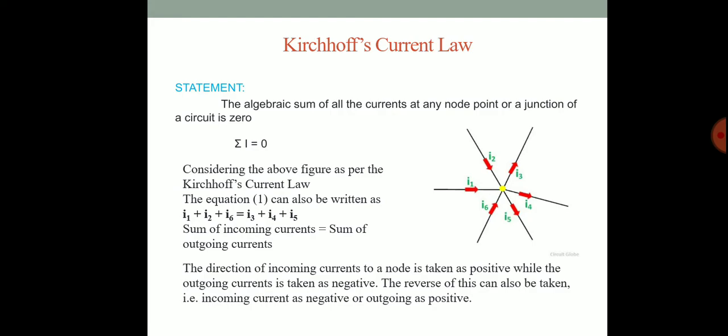Considering the above figure, as per Kirchhoff's current law, the equation can be written as follows. I1, I2 and I6 are the entering currents.